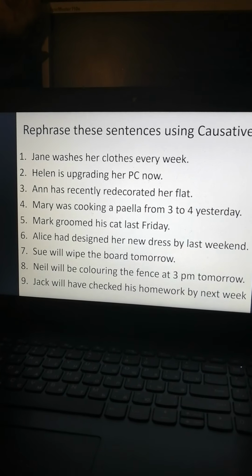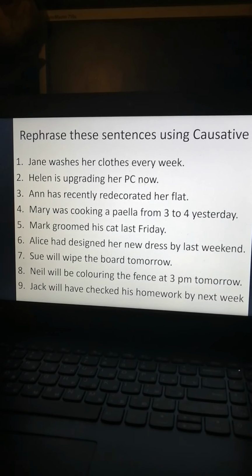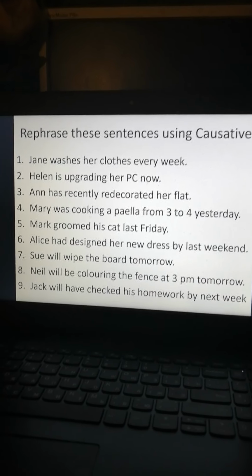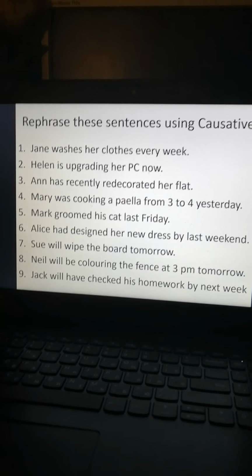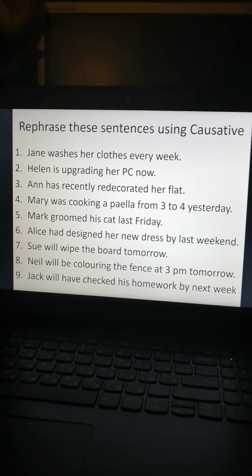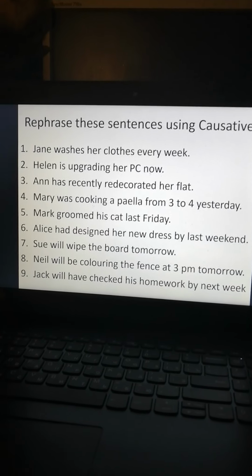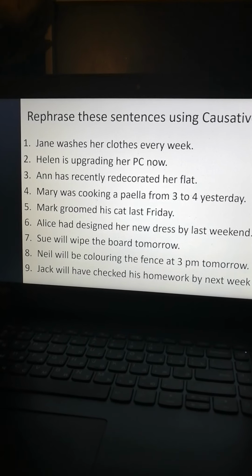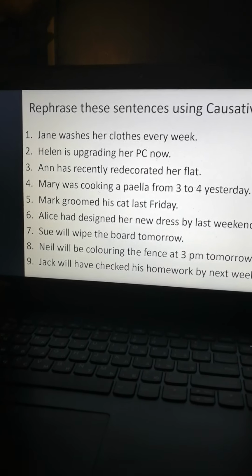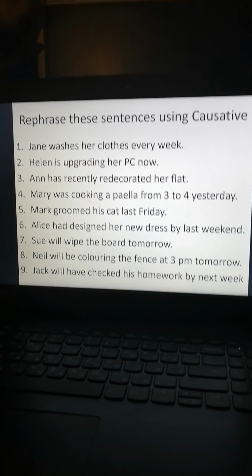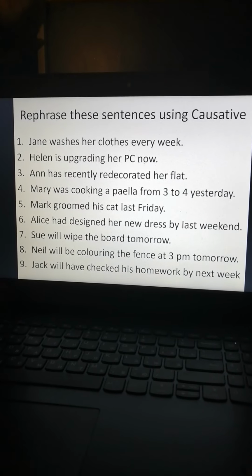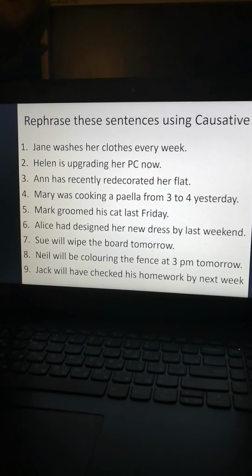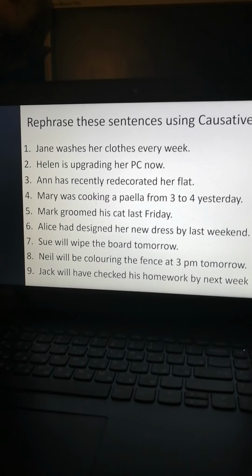Mary was cooking a paella from 3 to 4 yesterday. Mary was having her paella cooked from 3 to 4 yesterday. Mark groomed his cat last Friday. Right, Mark has his cat groomed. Alice had designed her new dress by last weekend. Alice had had her new dress designed by last weekend.